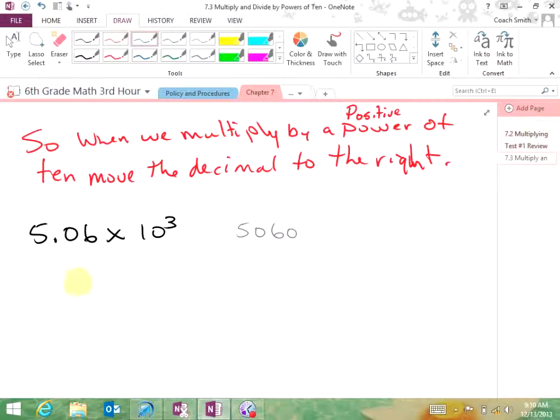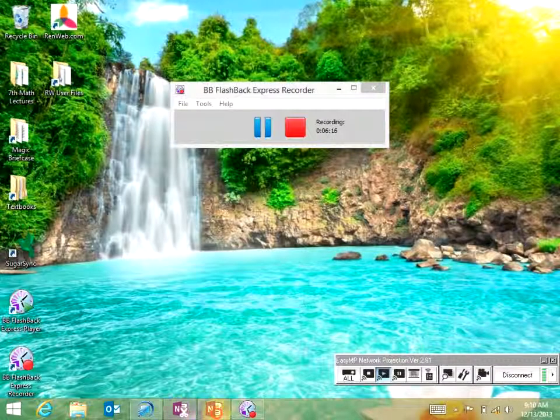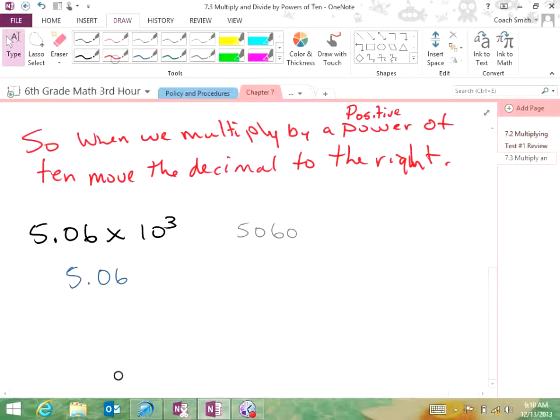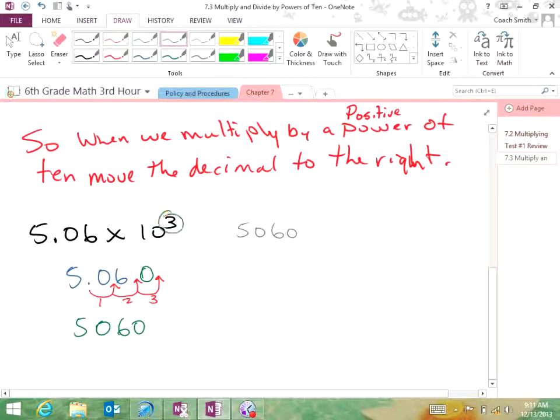Now, why it is 5,060 is because we take the decimal here, and we move it once, twice, 3 times. And then we have to add a 0 right there. And so that gives me 5,060. We had an exponent of 3, so 3 places to the right.